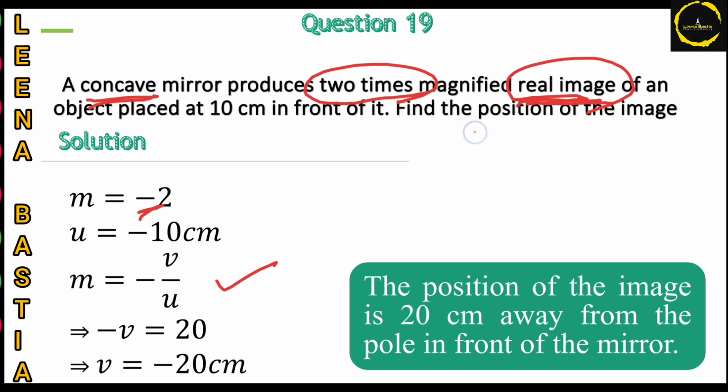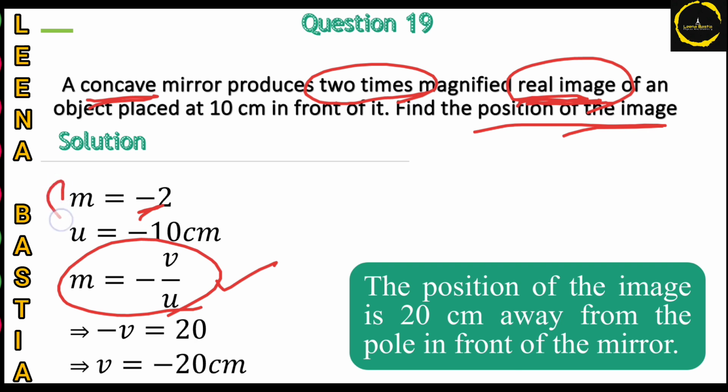It is just asking for the position of the image, not the size, so we just have to calculate V. V will be calculated by this formula. Substitute all the data given, these two, and you will get minus 20 centimeter. So ultimately, we write the answer, which I have written in the green box: the position of the image is 20 centimeter away from the pole in front of the mirror.